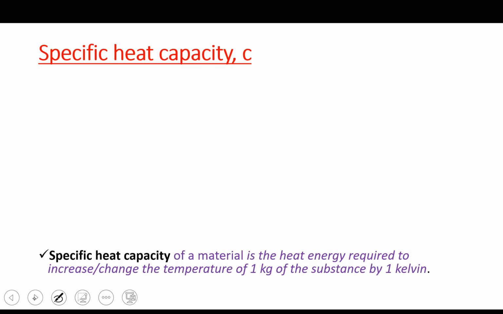Let's move to the specific heat capacity. I think this is a concept that we studied in IGCSE. So we have earlier on seen that when a solid is heated to a certain temperature, it starts melting. That is at melting point.